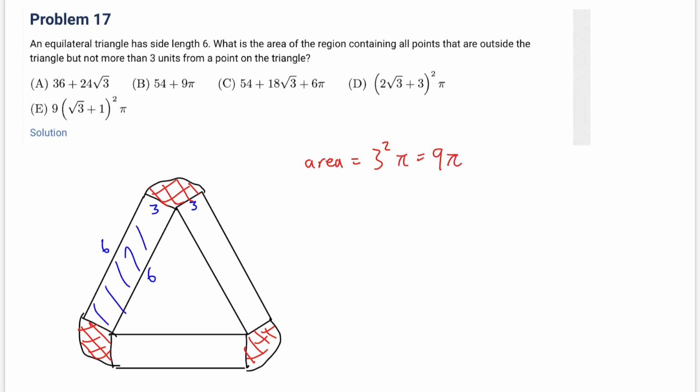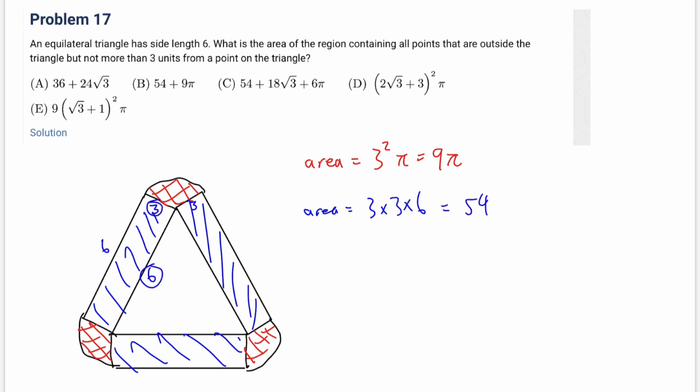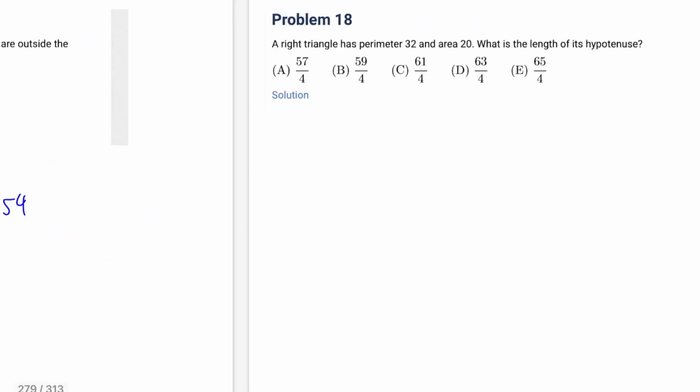And this area, there are 3 of the same thing, right? So it will be 3 times 6, which would be 54. So it's 54 plus 9 pi. So the answer is B.